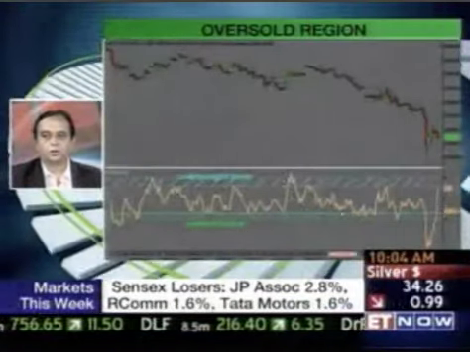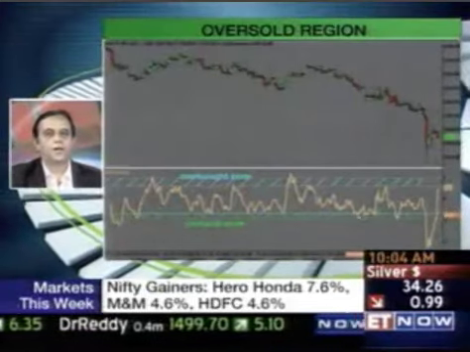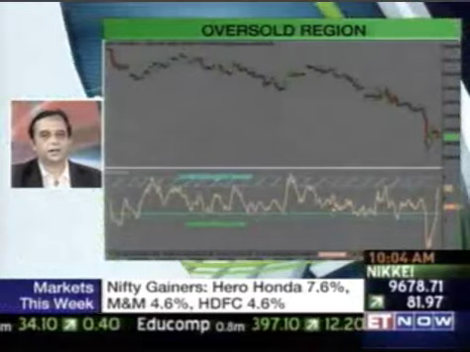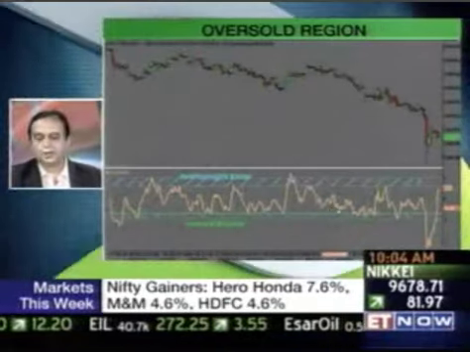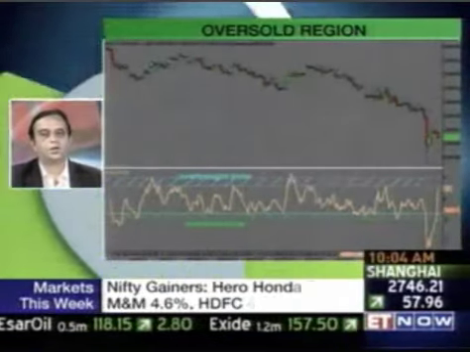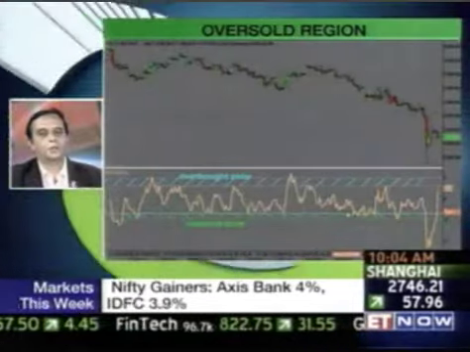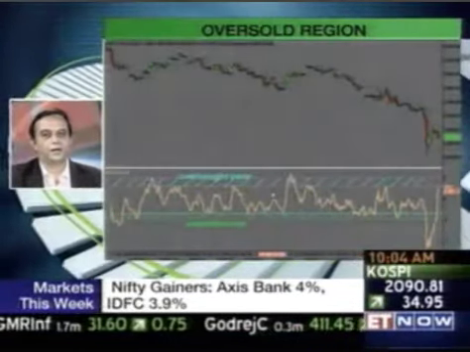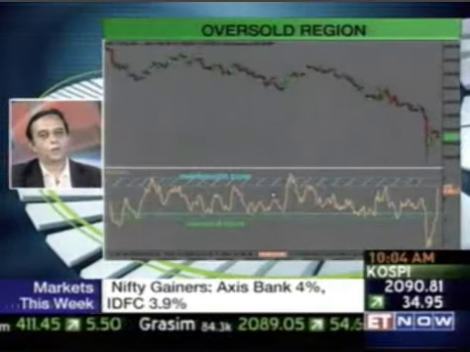Similarly, if you were to short in the oversold zone, the market is again saying that you are selling into very weak areas, and there is a chance that the market can rally from there, and you would get a much better price to sell into. So overbought and oversold zones are very critical areas which can be measured from any oscillator.